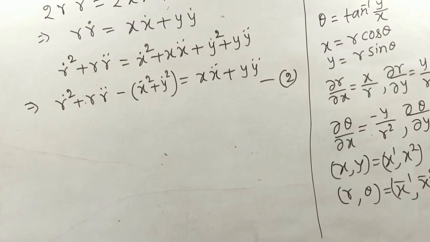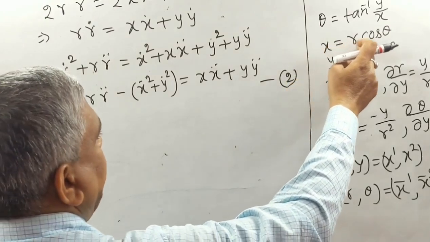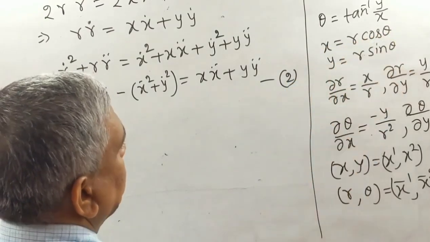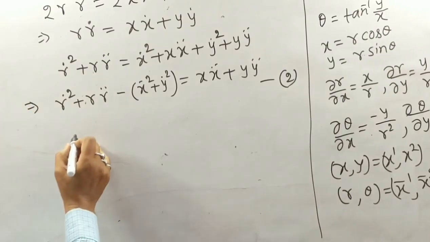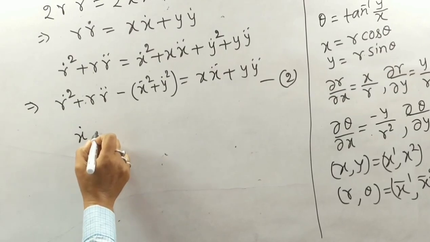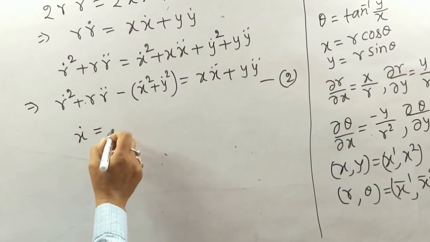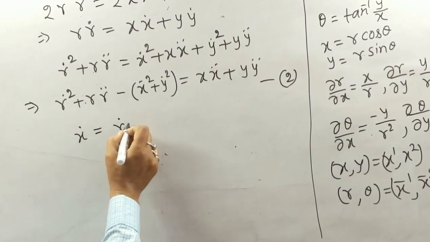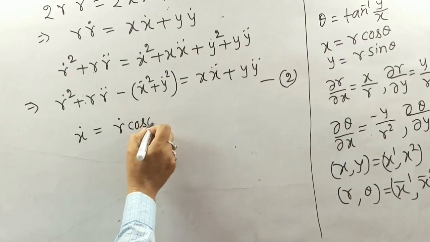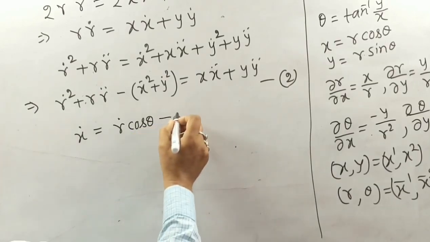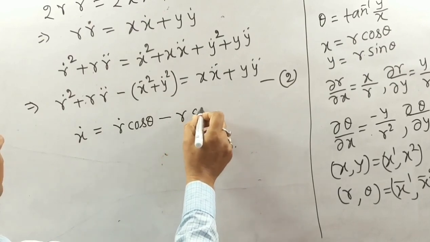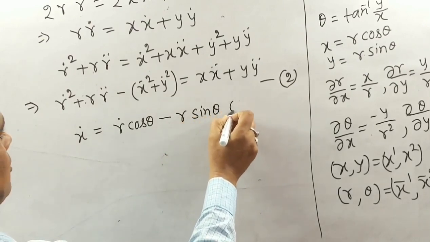Again, differentiating both sides of x equal to r cos theta with respect to t, we get x dot equal to r dot cos theta minus r sin theta theta dot.